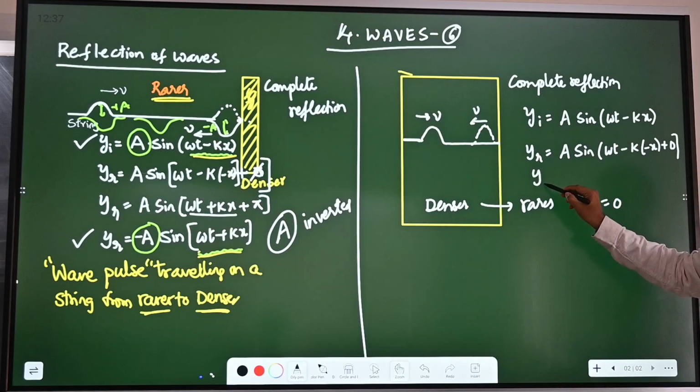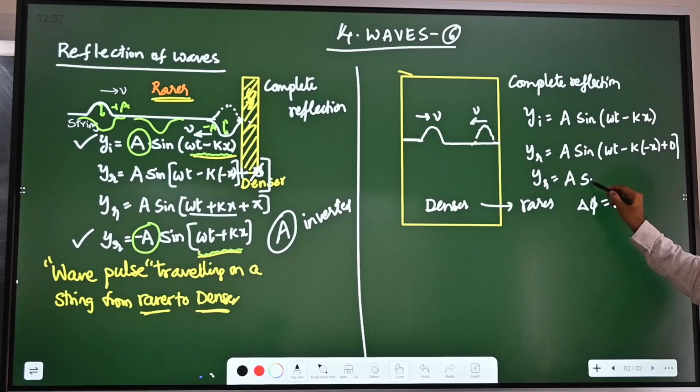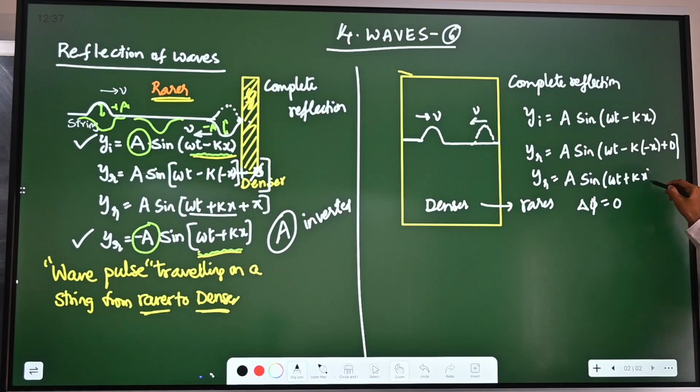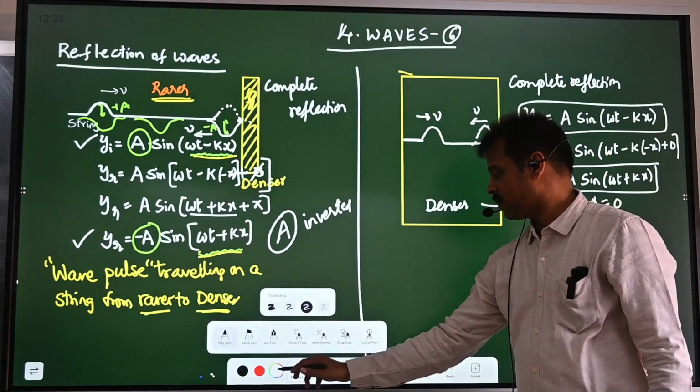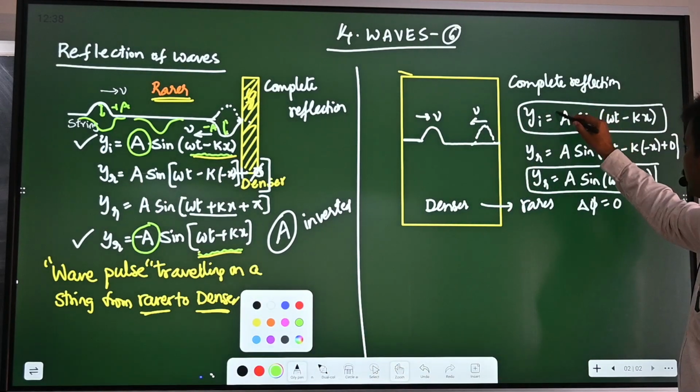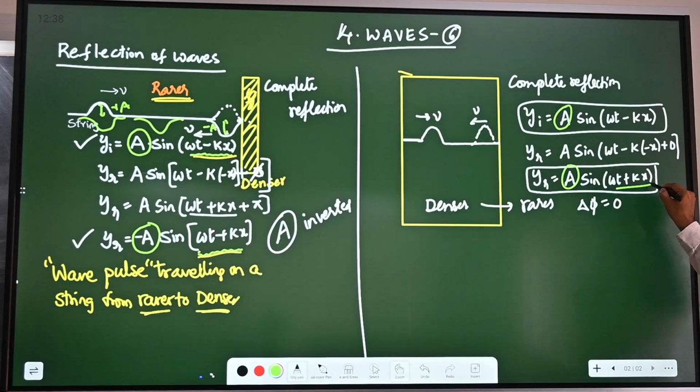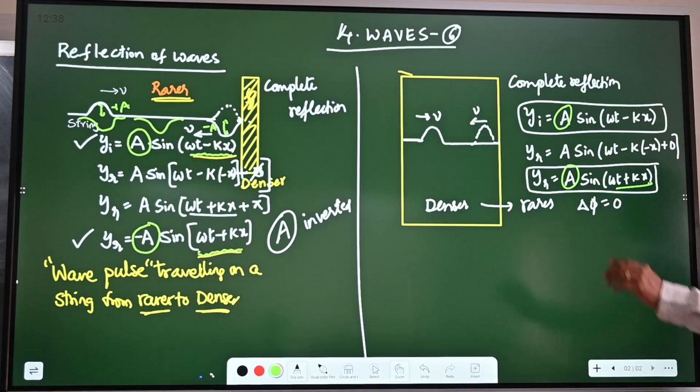So what is y reflected? A sin(omega t plus kx). That is the only difference between the incident and reflected; a remains as a only. Only the direction changes. That's why this is a minus kx, this is a plus kx.